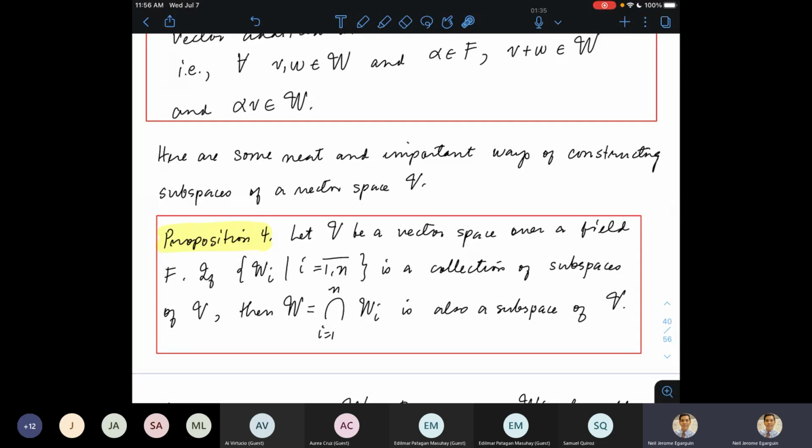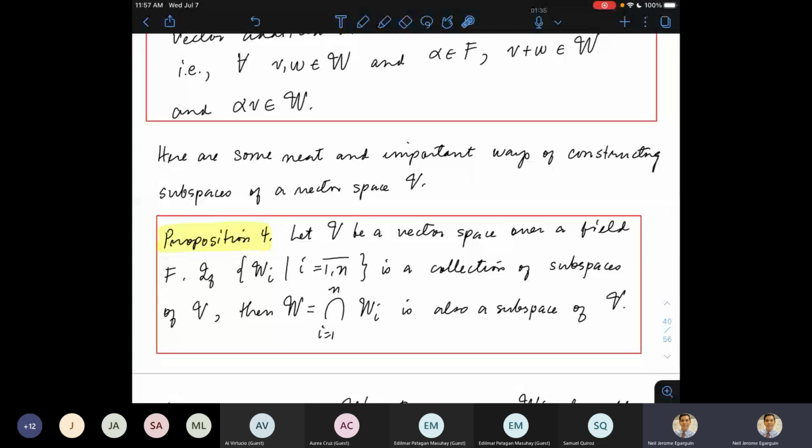So meron ka nang alam na tatlong subspaces, you just get their intersection, and what you will get again is another subspace of the parent space. Of course, it doesn't make sense to just work with the improper and the trivial subspace, because their intersection will give you the trivial subspace. But if you have two or more proper subspaces, you take their intersection, you will get another interesting subspace. And that's what this proposition is claiming.